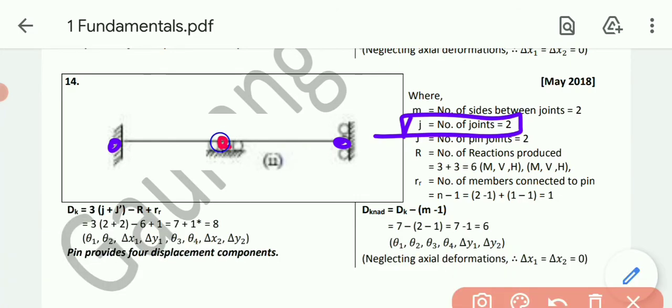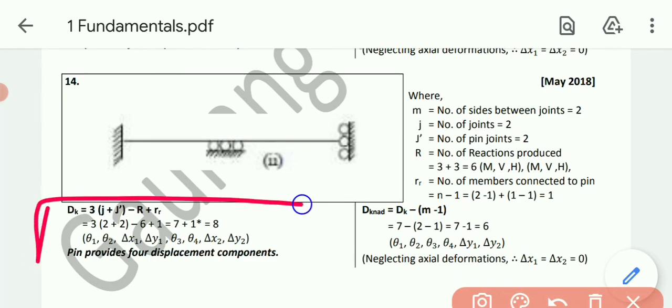Now 1, and this one is common here, once again 2, so number of pin joints is 2. Small r, number of sides connected minus 1, 2 minus 1, that is this one. And for this one, number of sides connected minus 1, only one side is connected, so 1 minus 1, that is 0. So 1 plus 0, answer will be 1. Okay. M, number of sides between the joints, that is obviously 2.